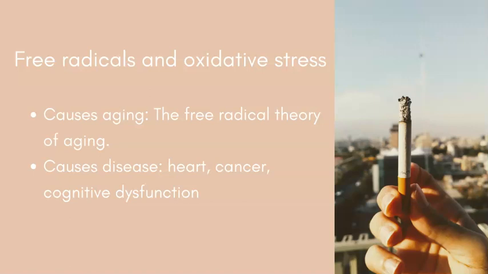Oxidative stress causes aging, and one of the theories of aging is called the free radical theory of aging. Free radicals and oxidative stress cause different kinds of health problems and diseases because they damage tissues in the body. So heart disease, cancer, and cognitive dysfunction are some examples of different health problems caused by free radicals and oxidative stress, among other things.